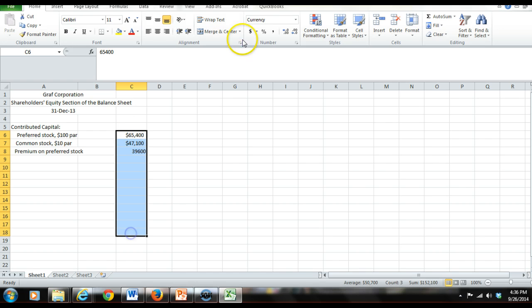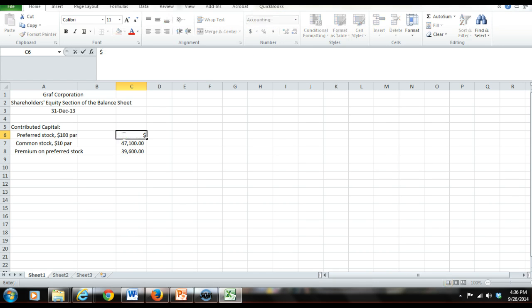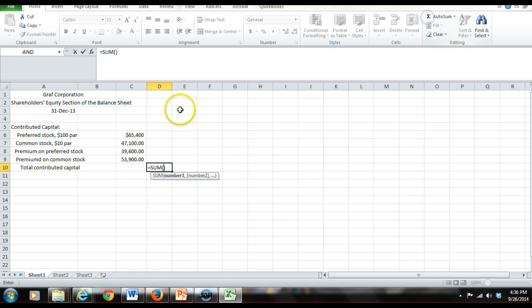And then we will have our premium on common stock, $53,900. And so as you can see here, our total contributed capital, this portion of the shareholders' equity section, is going to be $206,000.